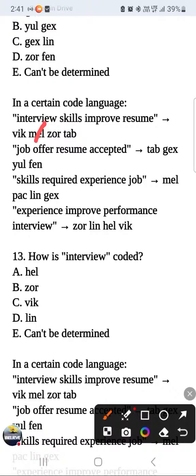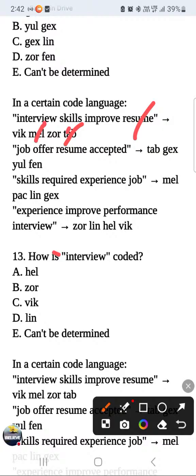Resume is TAB. We have to find out whether it is VIK or ZOR. We have an interview word in the last statement, but those remaining words are interview and improve. We have improve and interview here also, so we cannot determine which one is which. If we were sure, we could directly say either one, but there is no such option here. So we have to say cannot be determined.